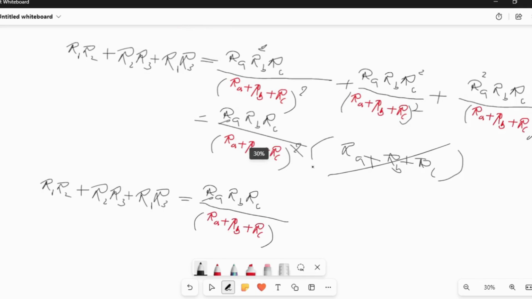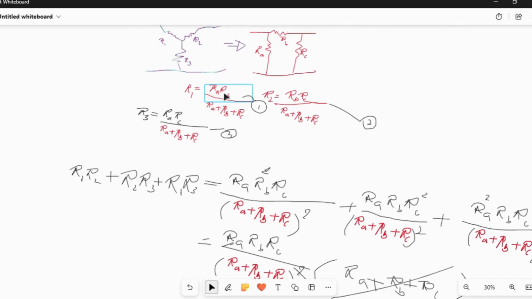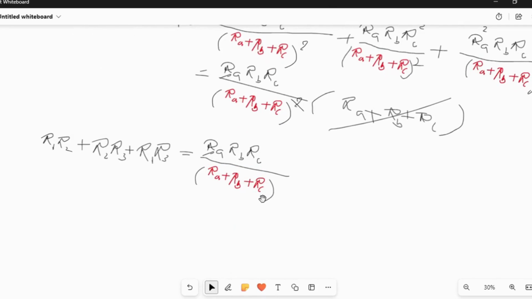And now what we can do here is assume that we divide both sides by R1, where R1 is RA RB divided by RA plus RB plus RC. So we can eliminate two of these factors and this denominator completely. So what I am going to do is divide both sides by R1.